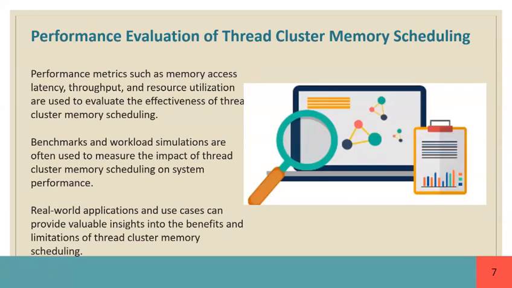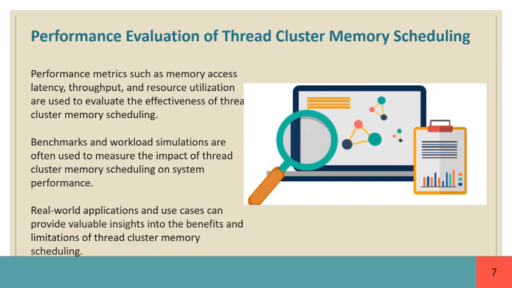And the next slide is the performance level evaluation of thread cluster memory scheduling. Performance metrics such as memory access latency, throughput, and resource utilization are used to evaluate the effectiveness of thread cluster memory scheduling.